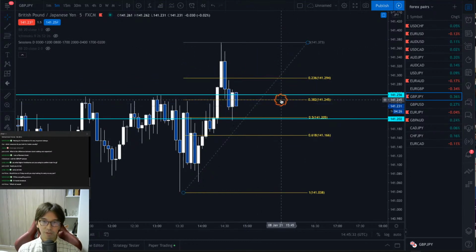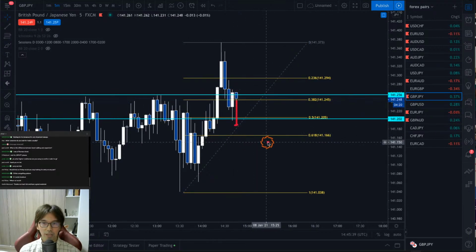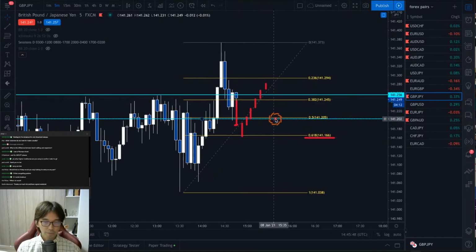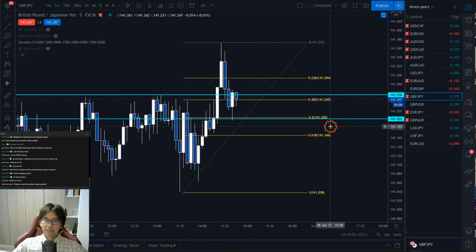However, if this candle closes below the 50, then that might be the bounce at the 61.8% level. It might bounce and go up this way. So let's just wait for this candle close until we can find the further confirmations.